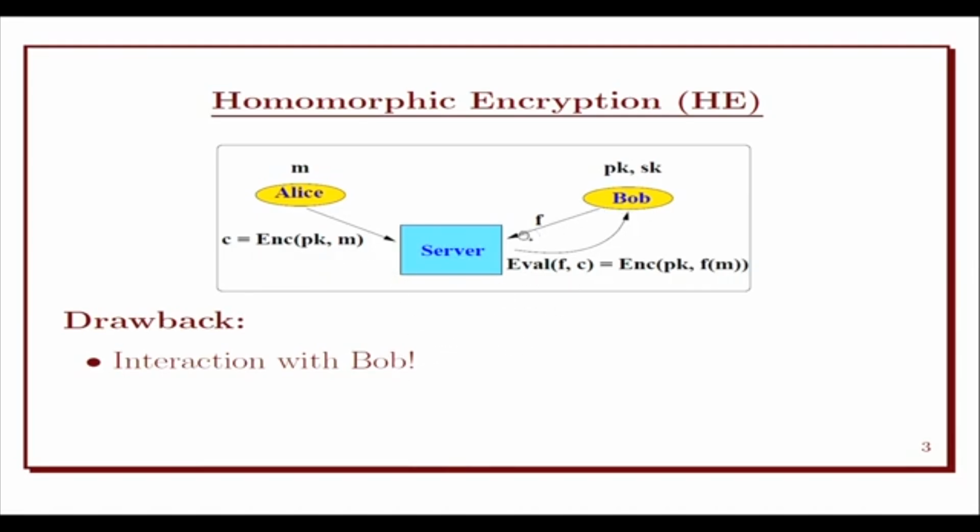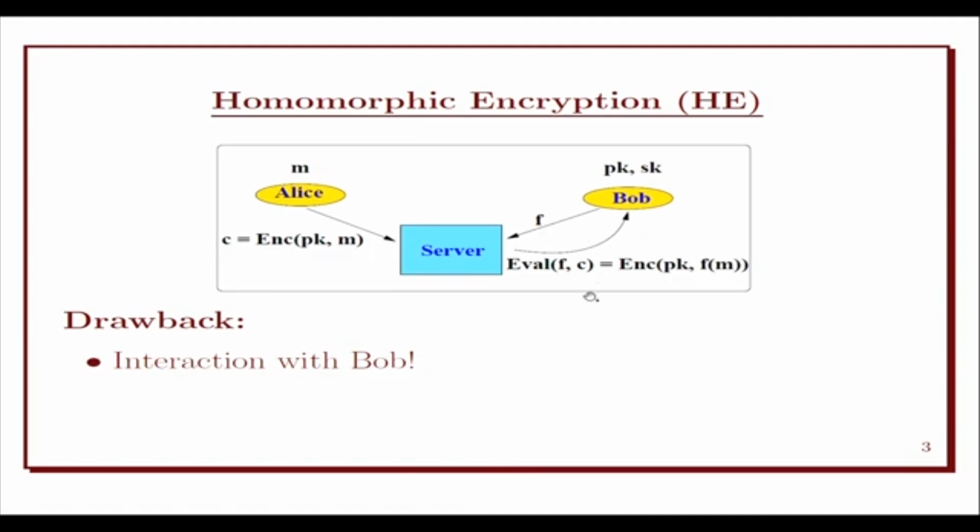Then Bob will send a request f, a function of the plain text, basically a circuit. It could be plus, dot, union, intersection, or a complicated circuit having all the plus and dot operations.